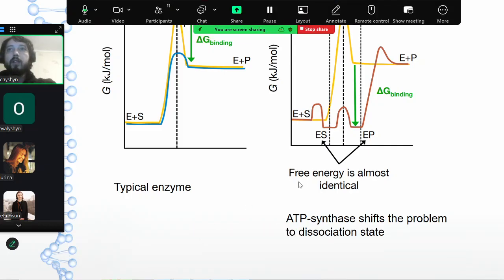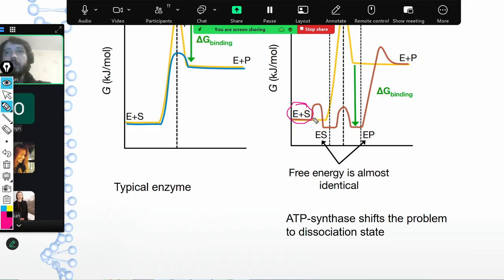It basically moves all the problems to the problem of the mechanical dissociation of the product from the enzyme. So here you see I have enzyme with substrate, really small peak, really small transition state. I get them bound together, so enzyme and substrate are bound. Now one more small transition state and I get product.